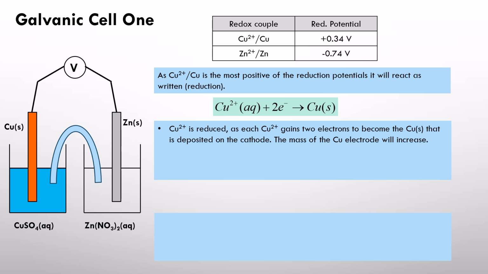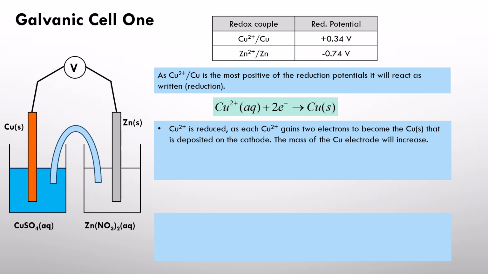Now, if I'm doing achievement standard 91393, they want me to say exactly the number of electrons that are required for each one of the species we're talking about. So here we say that each copper 2 plus ion gains 2 electrons to become copper solid.